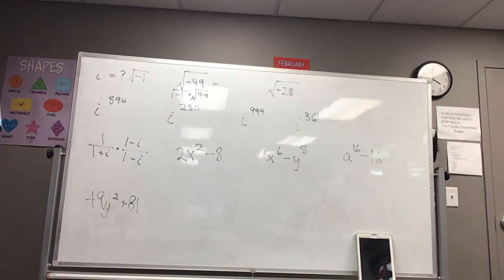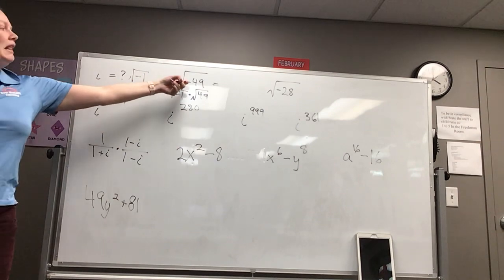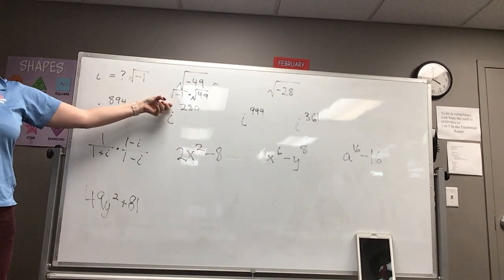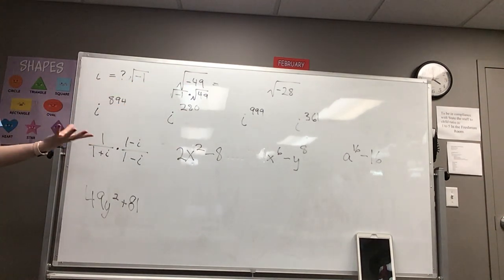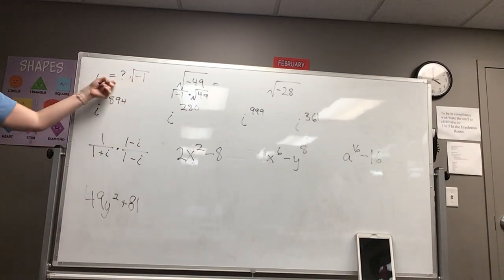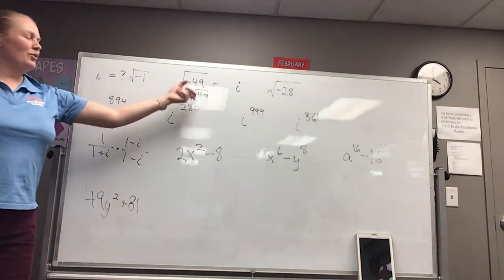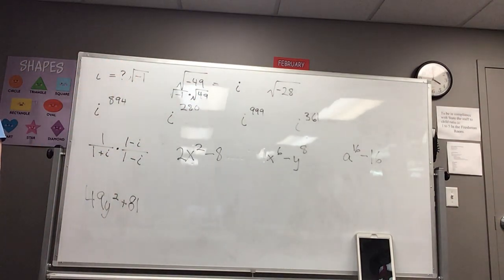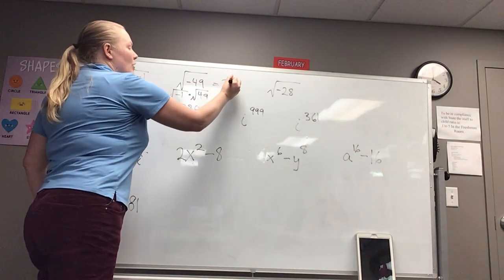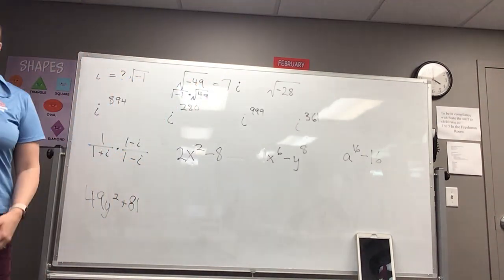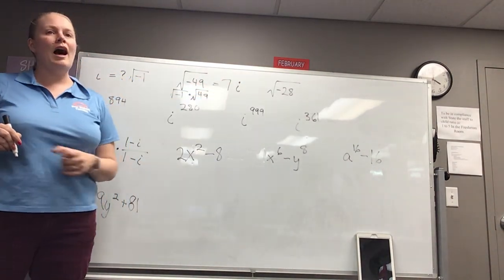We can split those 2 portions, and so we can always just pull out the negative sign as its own piece, and that becomes i. Square root of -1 is i. So we have i, and what's the square root of 49? 7. And so the square root of -49 is 7i.